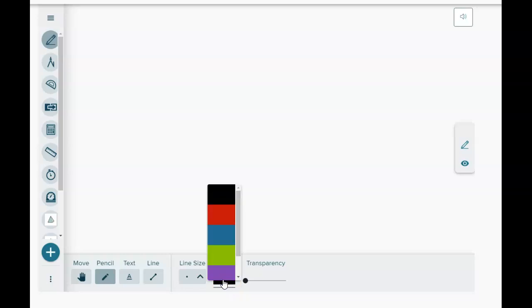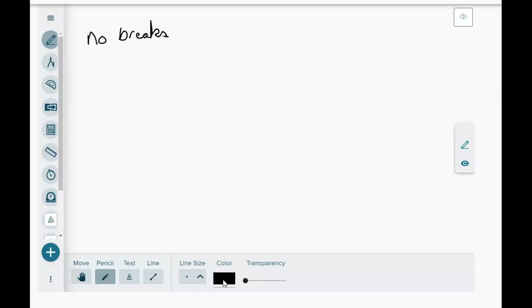So we're going to look at a couple of concepts right now, and one of those is a drawing that has no breaks. So something with no breaks that's connected.